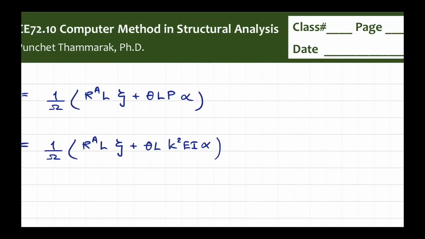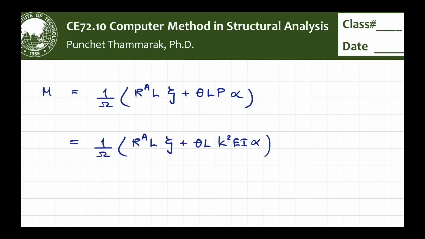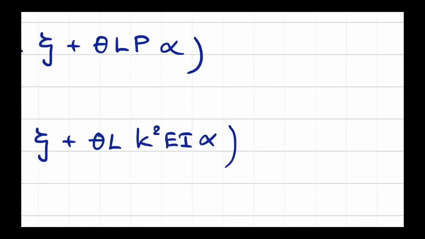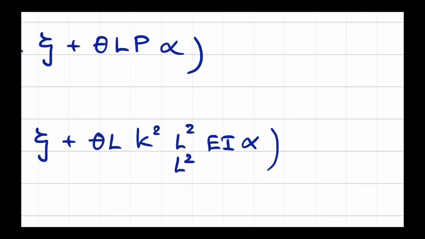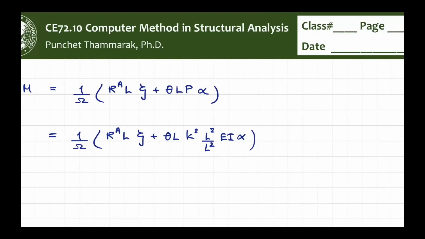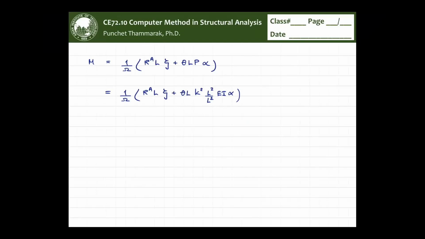I give you the extra L, I do it here. So I have L squared over L squared, in order to bring the KL squared along with the dimensionless term and leave just the final shape.